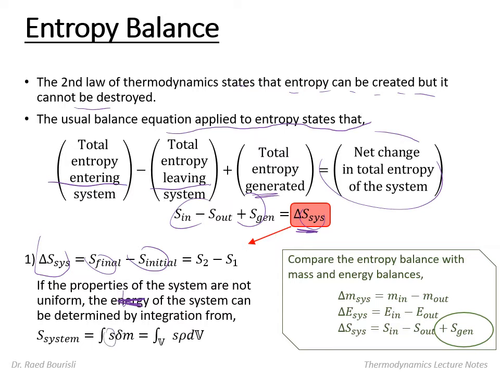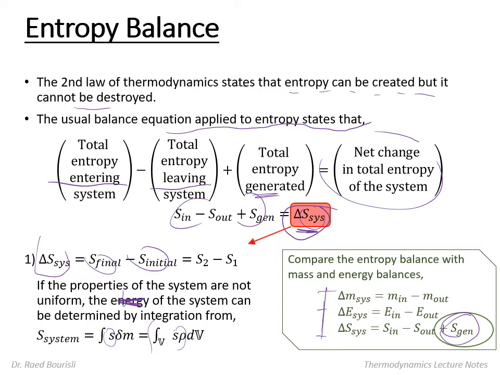So the entropy per unit mass, or you could integrate this over the whole volume. Now, if you want to compare the mass balance, energy balance, and entropy balance, this has an extra thing. Entropy can be generated. Okay, so that's the entropy change of a system. We'll look at it shortly again in detail.